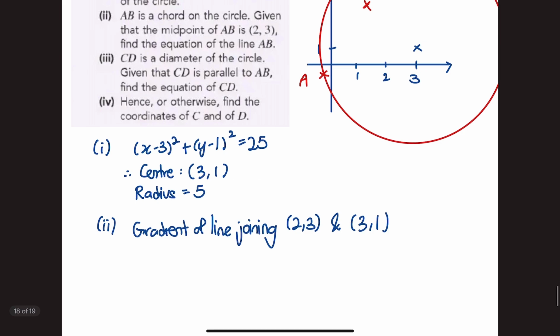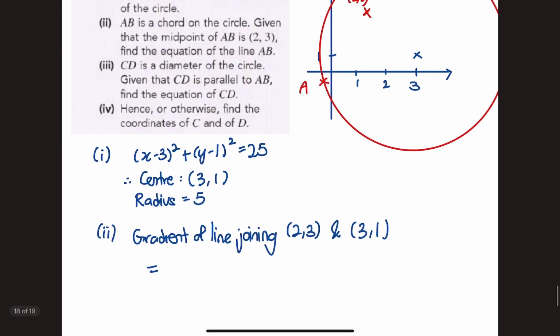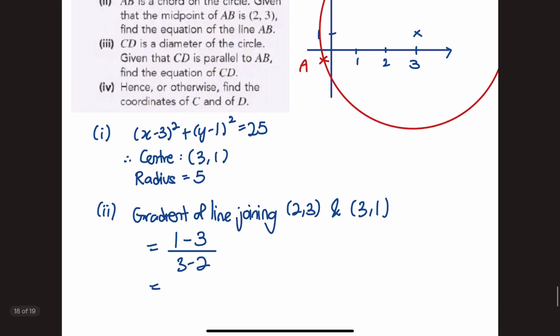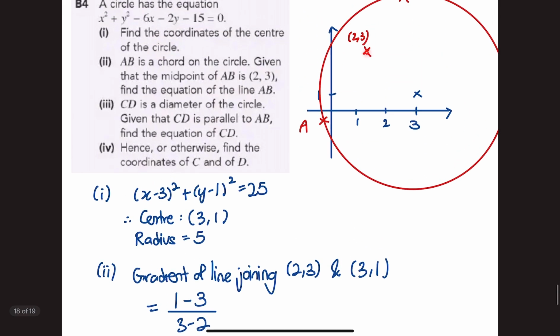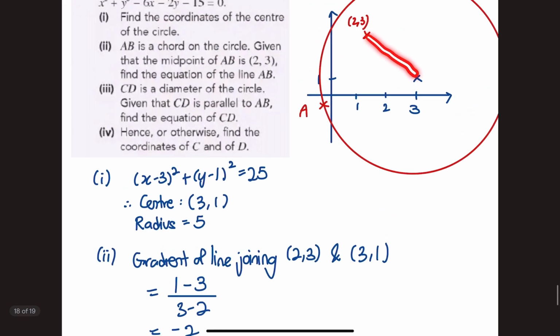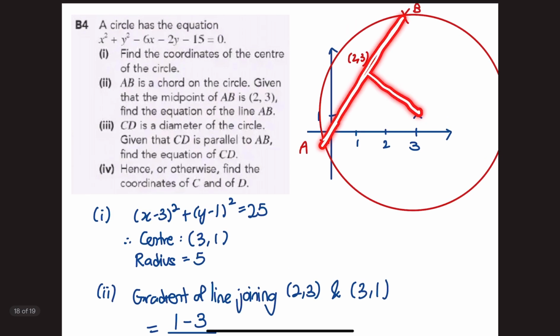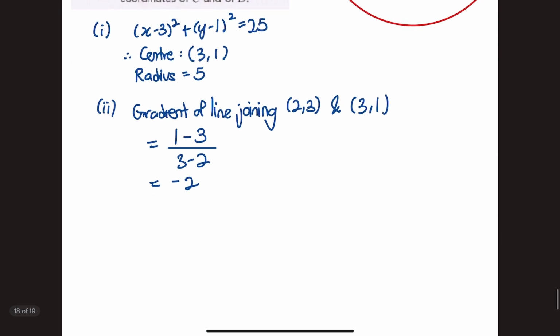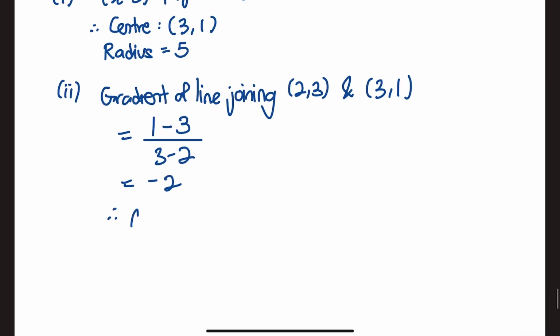The gradient here is equal to (1 minus 3) over (3 minus 2). The gradient of this line is simply equal to -2. Therefore, I can straight away tell that since the gradient of this line is -2 and AB is perpendicular to this perpendicular bisector, which cuts the center of the circle, the gradient of line AB is simply -2, take the reciprocal and divide by -1, I will get half.